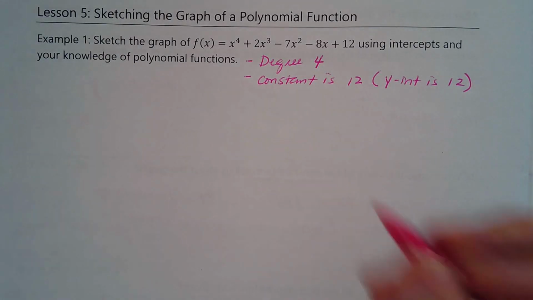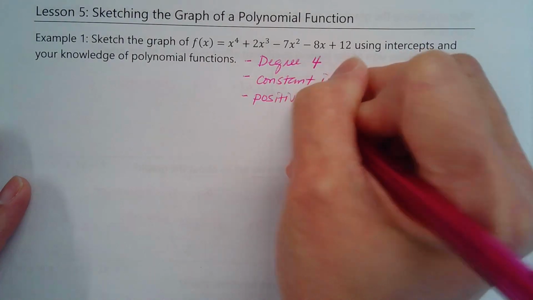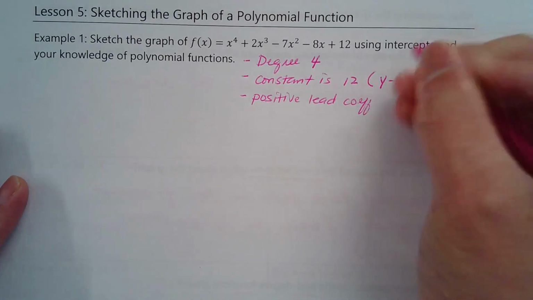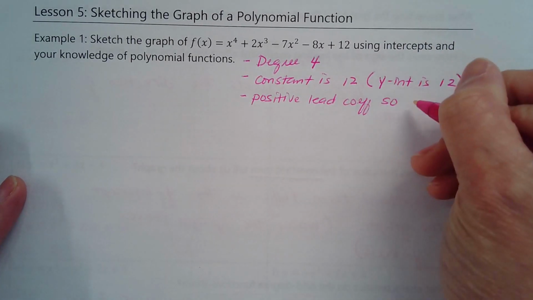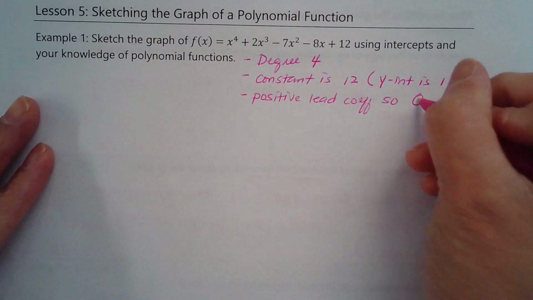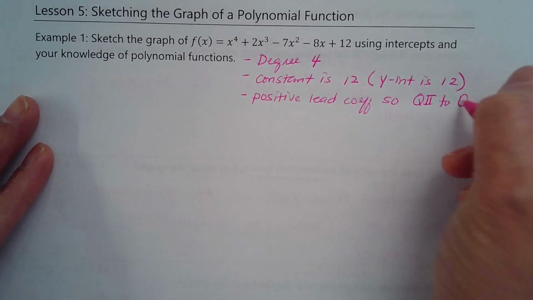Positive lead coefficient. So the graph will be quadrant 2 to quadrant 1.